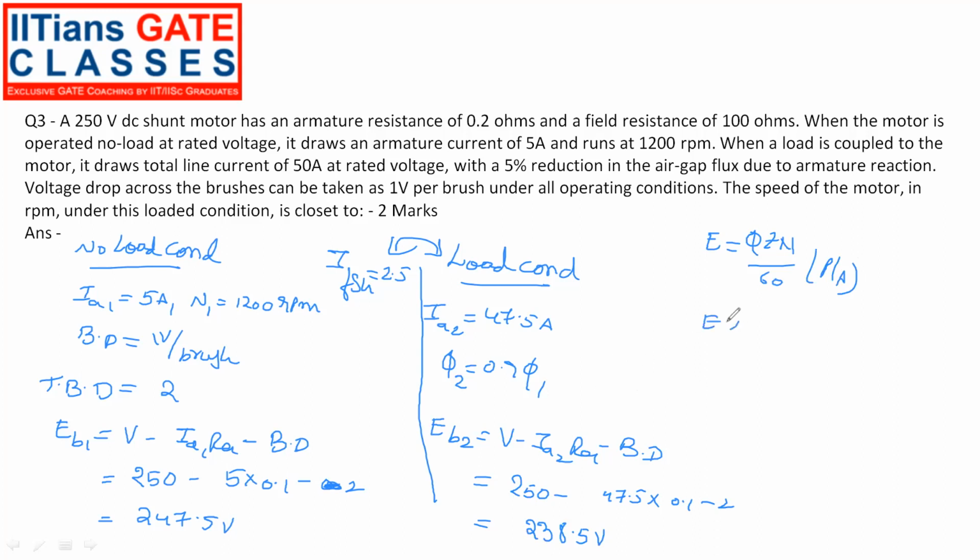So E is proportional to phi N. So EB1 by EB2 equals phi 1 by phi 2 into N1 by N2. So N2 equals, if you substitute the values of EB1, EB2, N1 and phi 1 by phi 2, and solve further, we will be getting N2 equal to 1220 RPM.